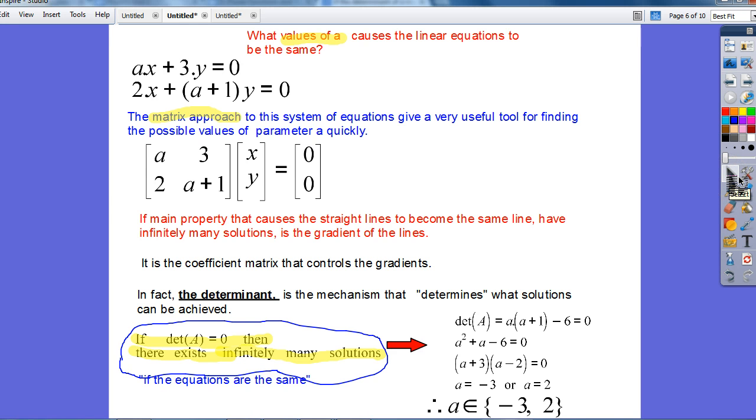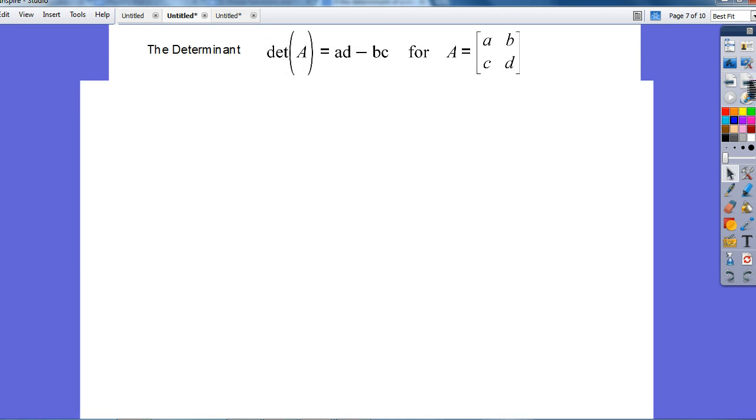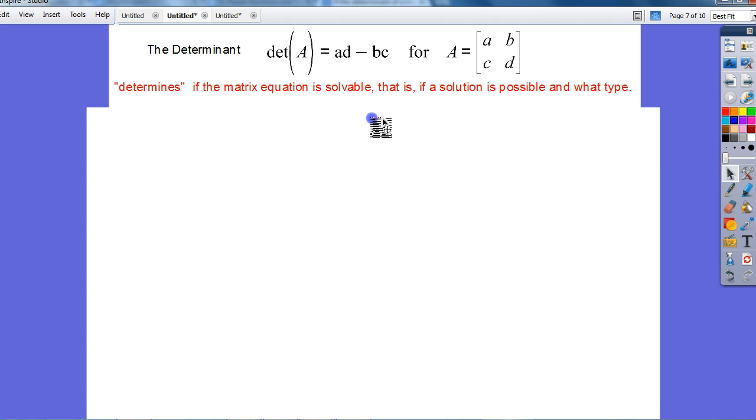When a has those values, then our straight lines have the same gradients, and that means they are the same line. So there's your determinant rule: AD minus BC for a 2 by 2 matrix with the elements A, B, C, D. Basically, the determinant determines if the matrix equation is solvable.